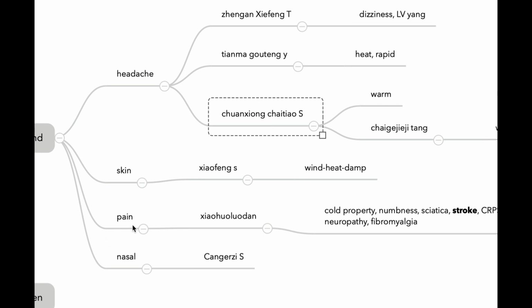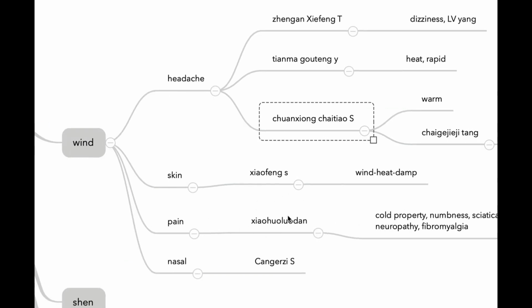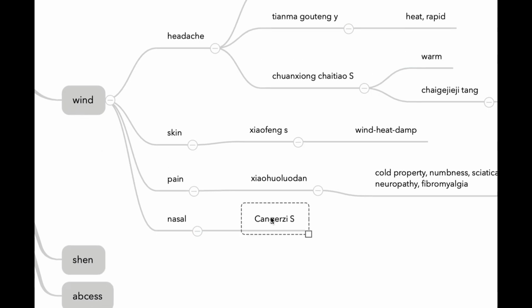And pain, Xiaohuoluodan, for coldness. And after stroke, stroke is the keyword. There is a reason this Xiaohuoluodan is classified into the expelling wind category. And nasal, Cang'erzi San. Cang'erzi San and Xinyi San are commonly given as a modification question too for nasal symptoms.